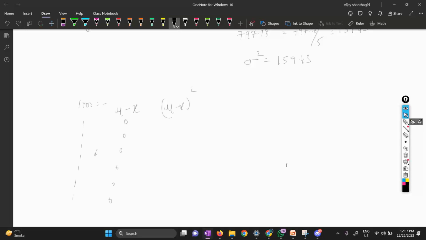Square is 0. So variance is 0. Correct? So what does variance mean? How much variation is there? Is there any variation here in the distribution? No variation. So it is correct, then the computation. Yes, correct.